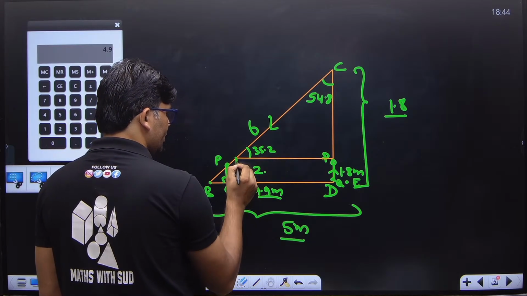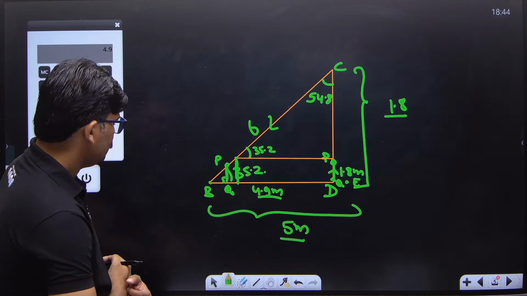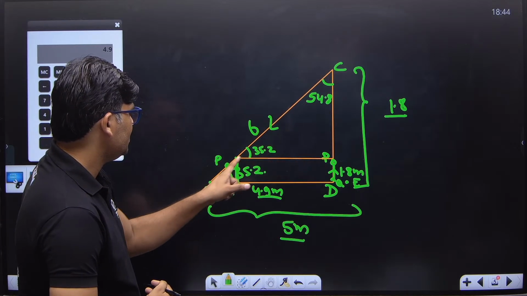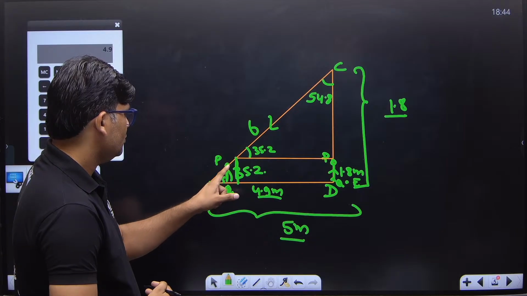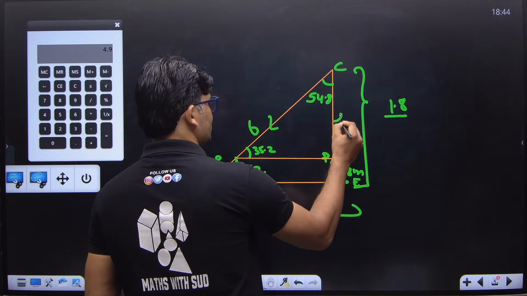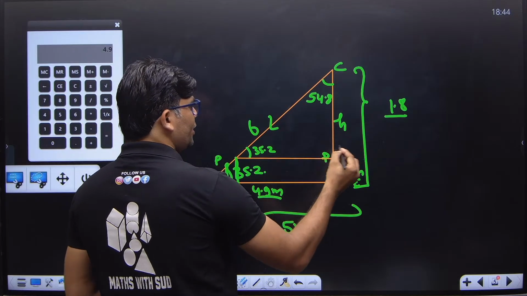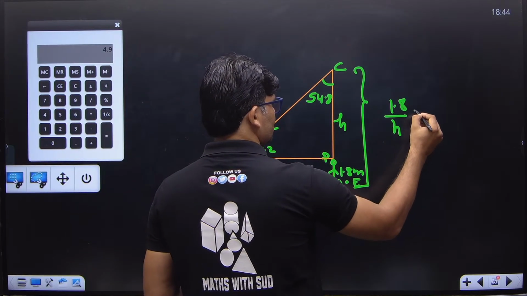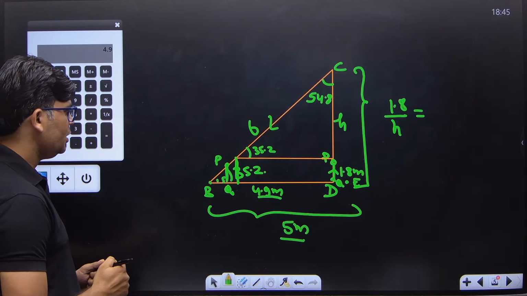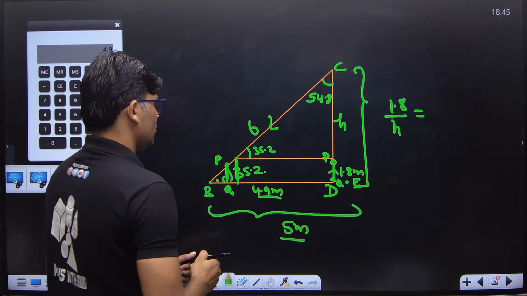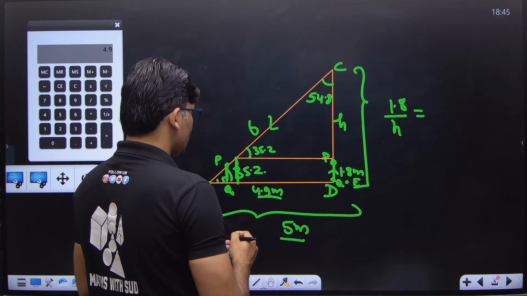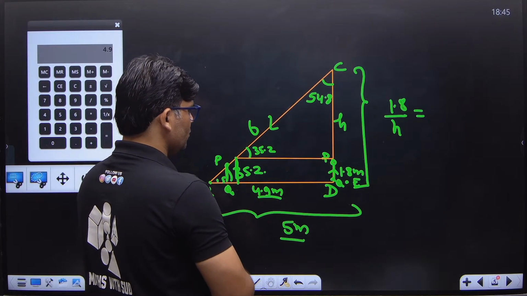Suppose he is standing here where the light strikes. So these two triangles are going to be similar. So this height divided by this height, let us suppose this height is h. So 1.8 divided by h must be equal to, so can we find this, okay, so this also we don't know.